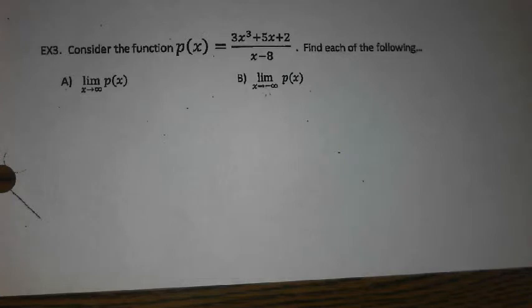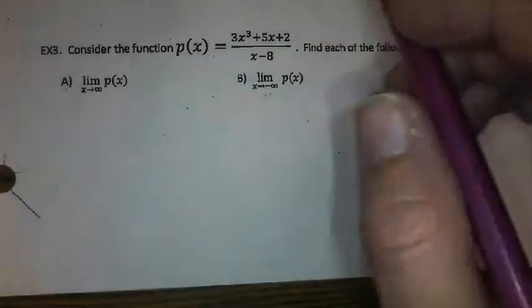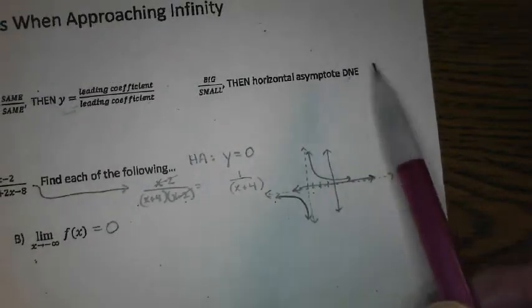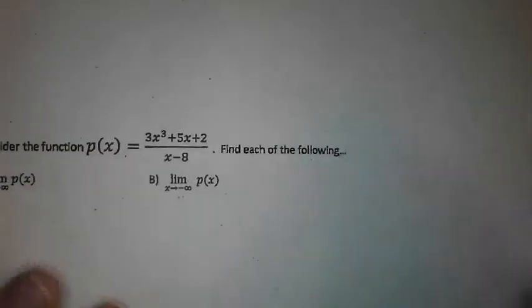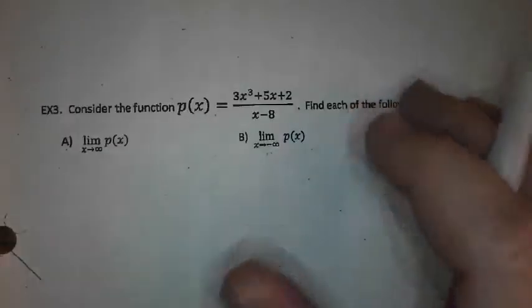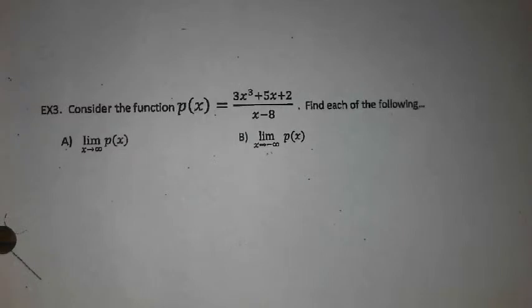X to the third divided by an x is going to give me some sort of quadratic asymptote. It's not horizontal, so that's why the horizontal part does not exist. But that doesn't mean there's no end behavior asymptote. We still have one. Now, I'm doing this only for the sake of reviewing and, again, to build the concept. You are not going to have to do that.